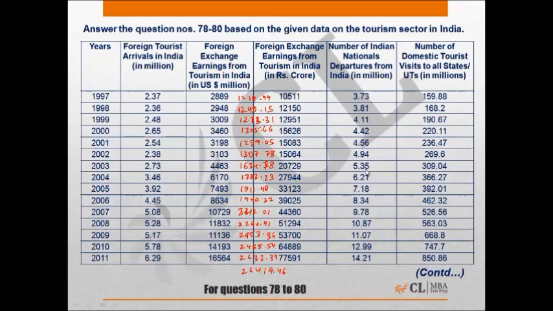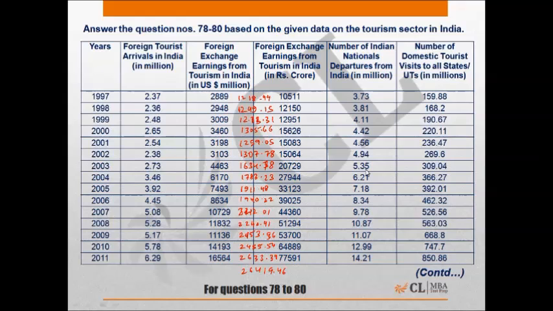and the next column shows foreign exchange earnings from tourism in India in rupees crore. So this column does not give any additional information, just the figure in terms of rupees instead of dollars. Now coming to the next column, it gives information about the number of Indian nationals departures from India, and the figure for 2001 is 4.56.